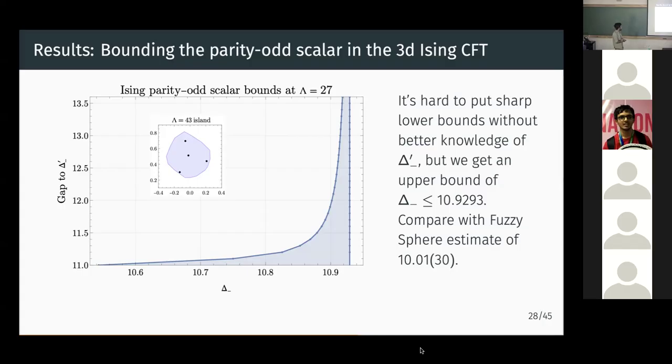It turns out that the lower bound on the dimension is pretty inconsistent, and it's hard to make any claims. But the upper bound for sure seems to be pretty solid and consistent at 10.92, which is quite a bit away from the fuzzy sphere estimates. So either this is going to converge way down that way, or the fuzzy sphere estimate is incorrect in some significant way.